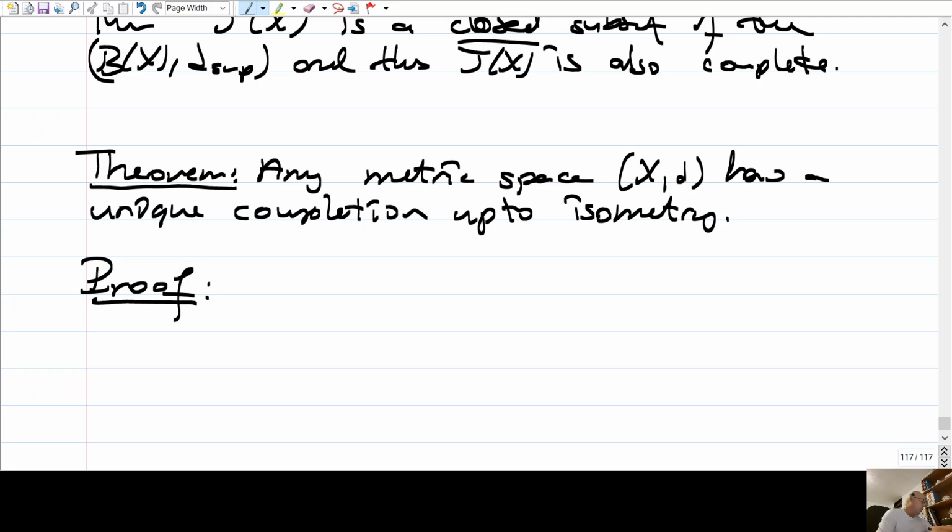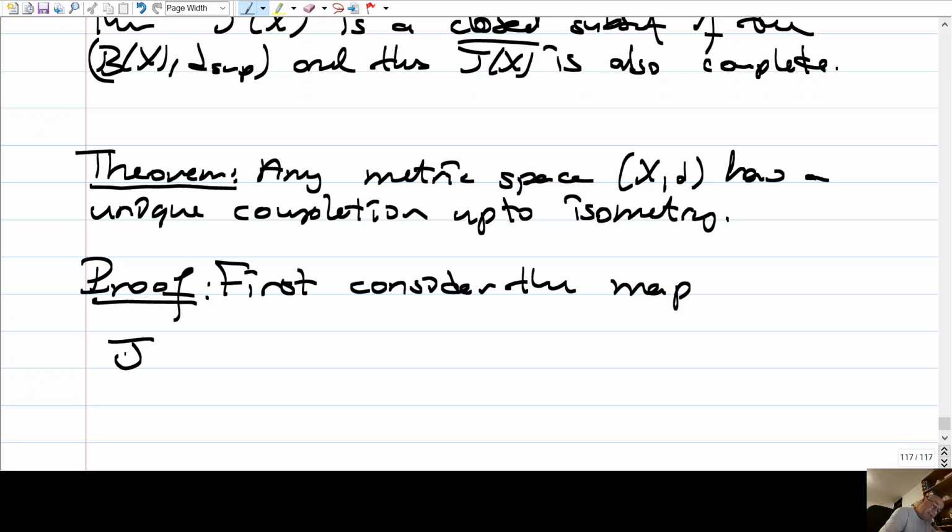So first we define, I'll just follow the setup I described above. First, consider the map J from X to Bx, defined as follows.